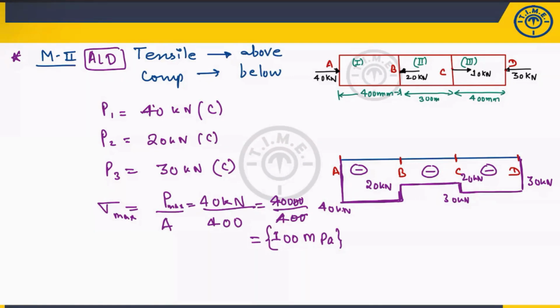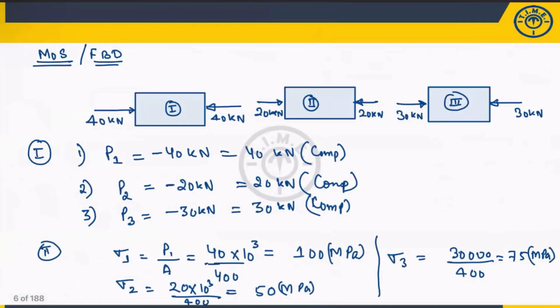So for this AB only, sir, how do I have to draw the free body diagram, sir? On the left side, I have to draw 40 kilonewton in the free body diagram, but at the right side, what do I have to draw, sir? Regarding this one, I have a lot of confusion, sir.